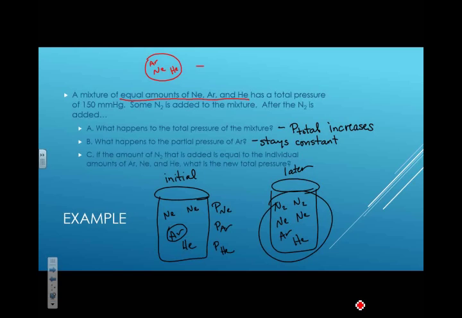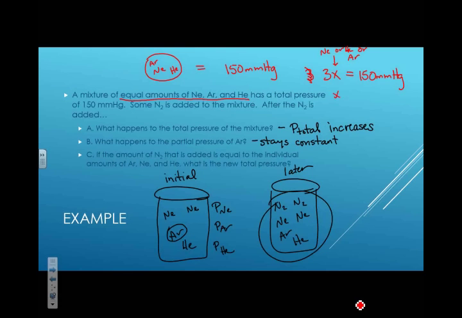And if I add all of those together, it is 150 millimeters of mercury. So since argon and neon and helium are all equal, I can say that 3x, where x is my neon or my helium or my argon, is equal to 150 millimeters of mercury.